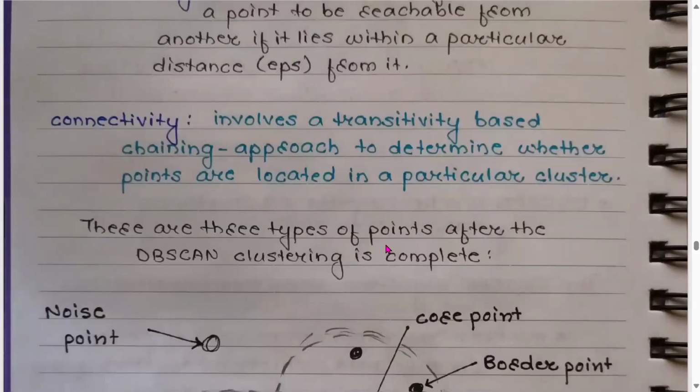There are three types of points after the DBSCAN clustering is complete.